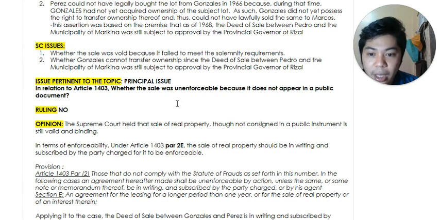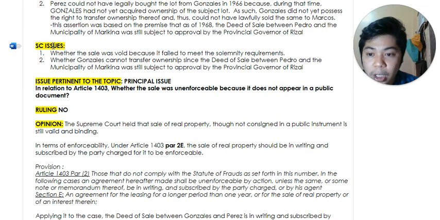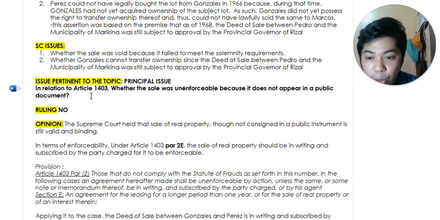What I just need is the principal issue, or the issue pertinent to the topic. I laid here the Supreme Court issues because these are issues relevant to the case.